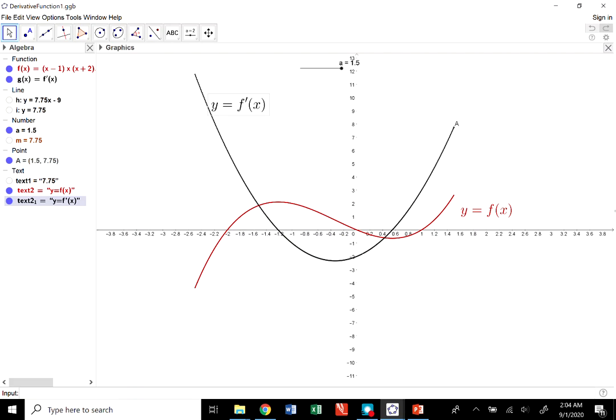Okay. What's the significance of the fact that the derivative is 0? Let me repeat that question. Please pay attention. What is the significance of the fact that the derivative function has a 0 y value? What is the derivative? Oh, it's the slope of the tangent. Okay, the slope of the tangent is now 0.